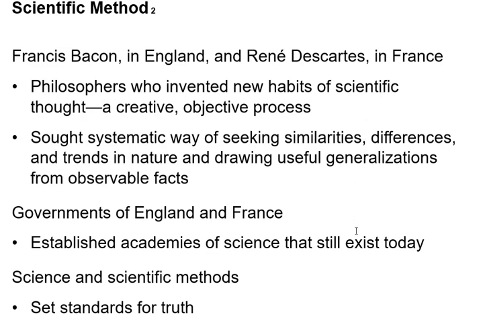Some of the people who were proponents of doing scientific method to base it on facts and observations rather than just this is how I feel about something. So Francis Bacon was doing this in England. Descartes in France was doing it. And because these people were so interested in doing scientific discovery and spreading it around and talking, they actually made academies.